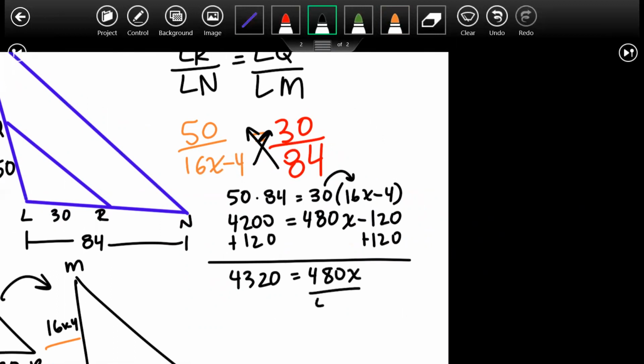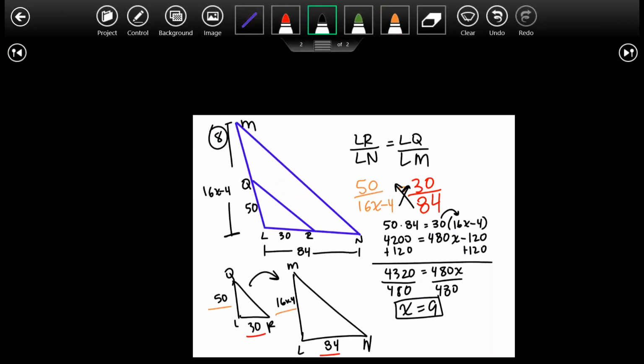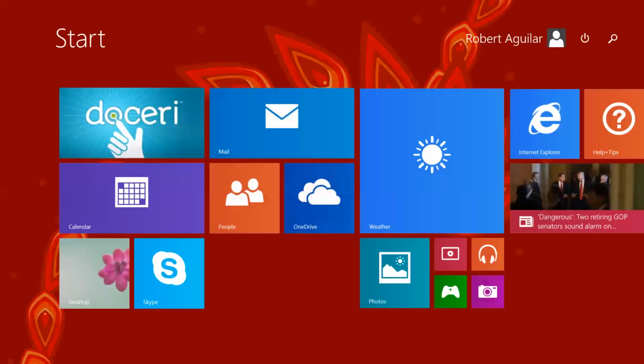Dividing both sides by 480, 4,320 will divide out by 480 by exactly 9. 9 is our answer. So definitely can split them up. Questions? Let me redo this.